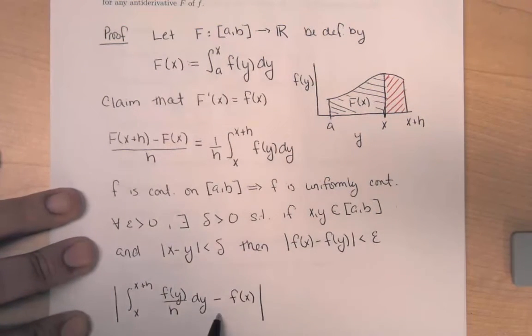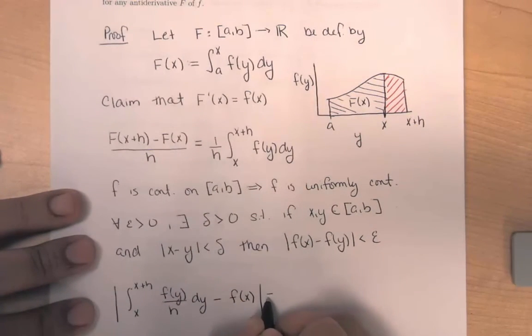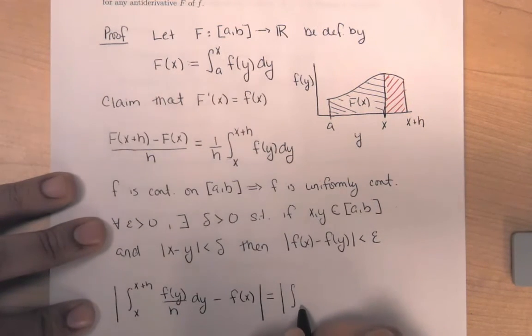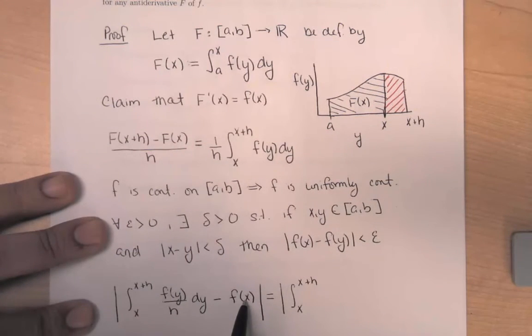Now again, I want this to be less than epsilon if h is small enough. Well, what do I need h to be smaller than? Well, let's find out. This equals, right, because this f of x is constant with respect to the variable of integration.